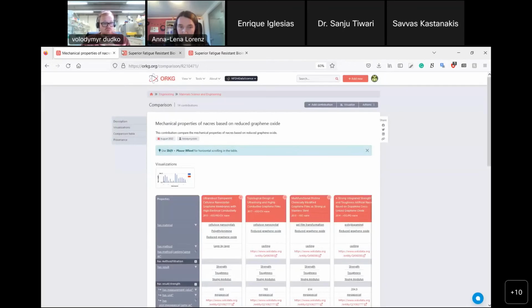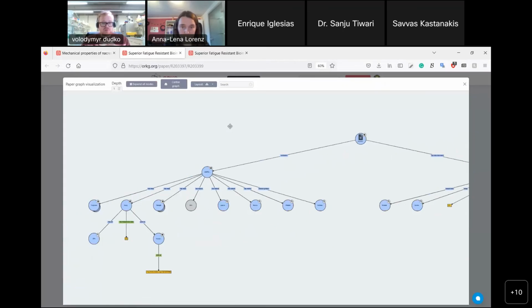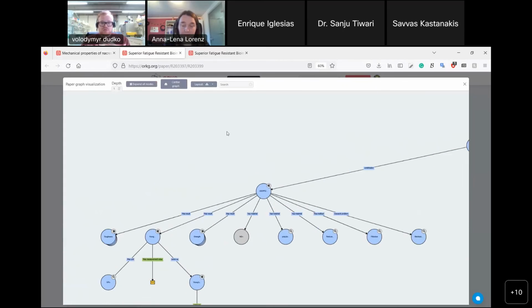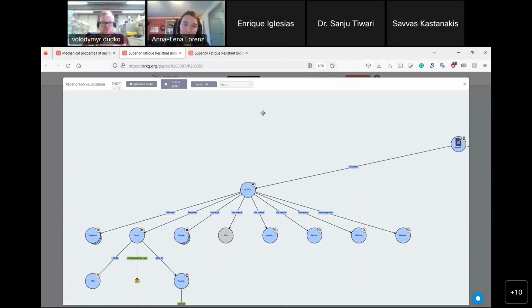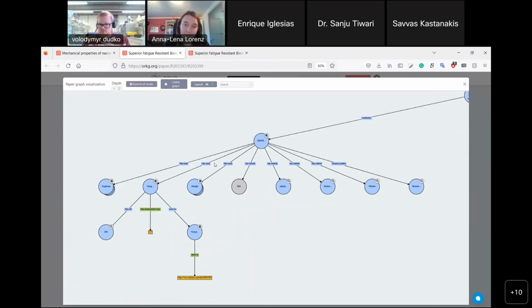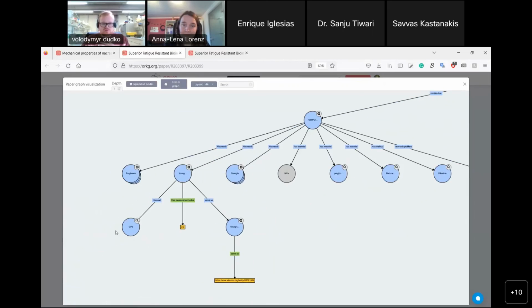The last point which I wanted to share is the knowledge graph. It's another interesting aspect of ORKG, where you can have information about your material, including its properties and also its values and units.